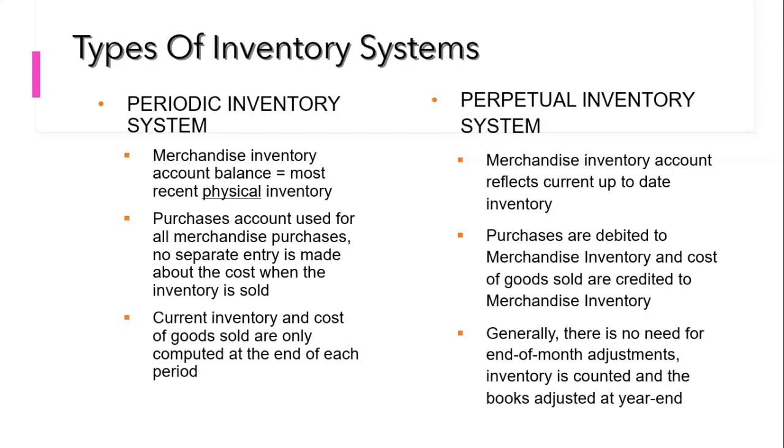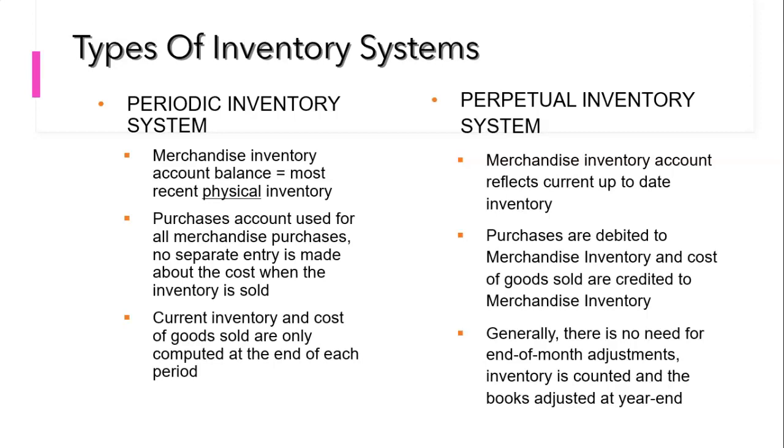Now, in the perpetual inventory system, every time inventory is coming into the store, we're going to debit inventory. We don't even have a purchases account in the chart of accounts. We're going to debit inventory when we have purchases. And then when we sell stuff, we have to calculate, well, how much did this item cost us?